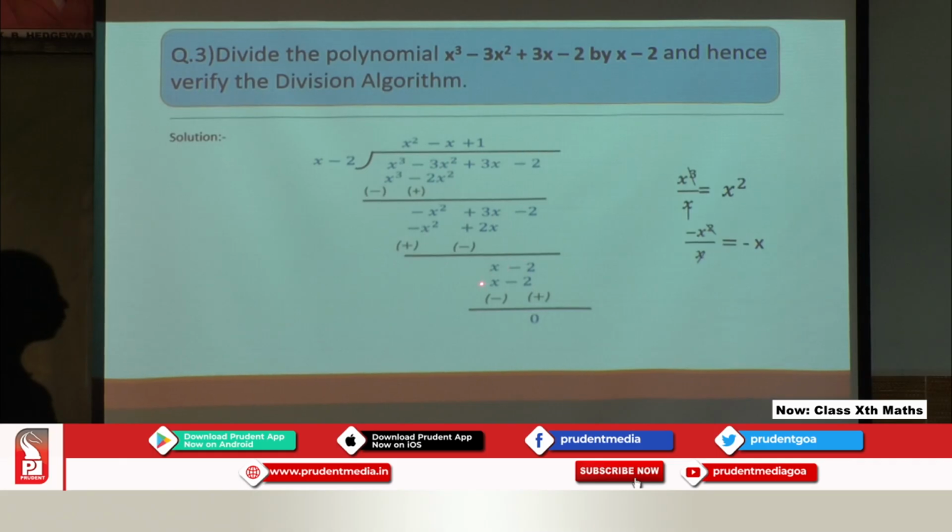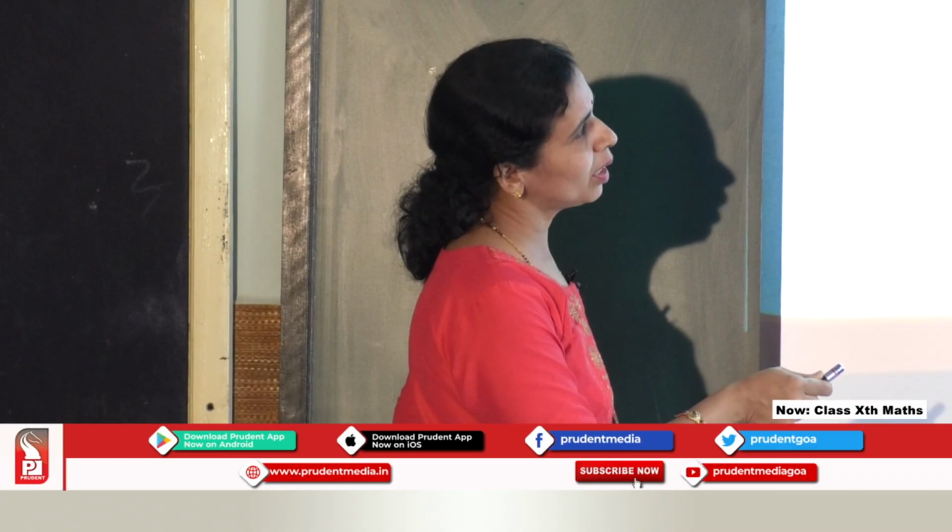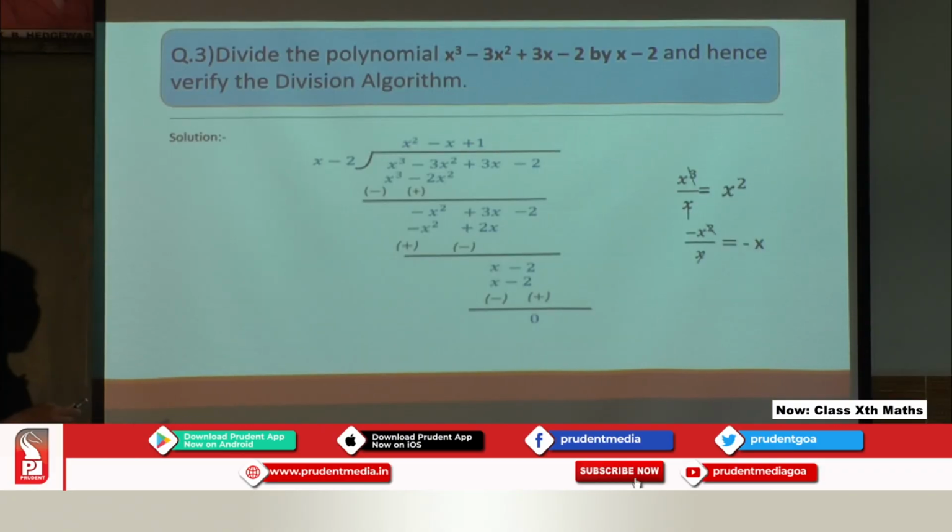Now, this x minus 2, and the divisor is also x minus 2, so directly we can take it as 1. The third term of the quotient is 1. Again we multiply the third term of the quotient by the entire divisor.